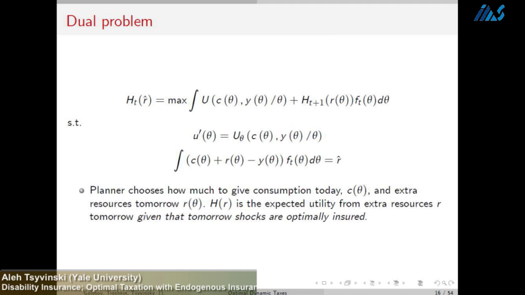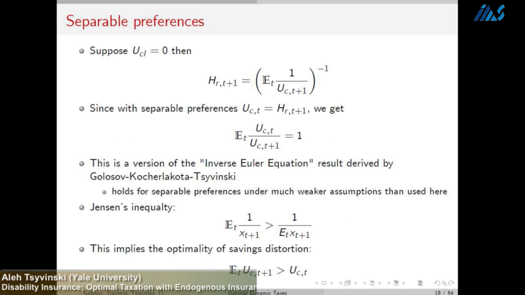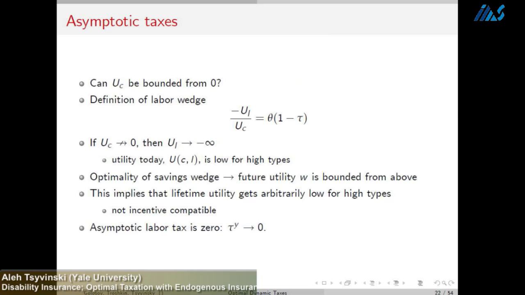So then the idea is that I can't extract so much money from the rich without the labor tax? No, you do want to. It's slightly different. You can extract everything you want from them, but I want to substitute some of the distortion to the good which has more bang for the buck in terms of the incentives.